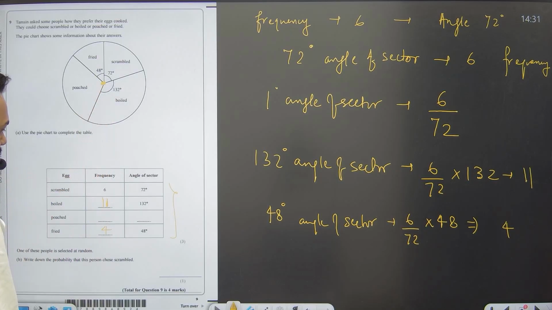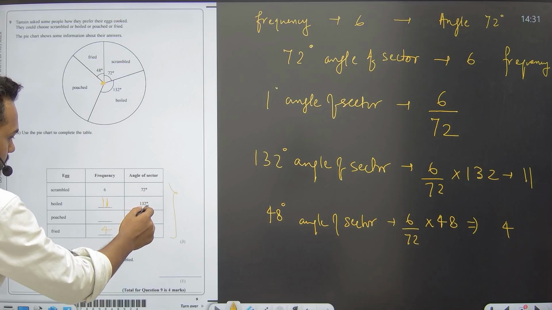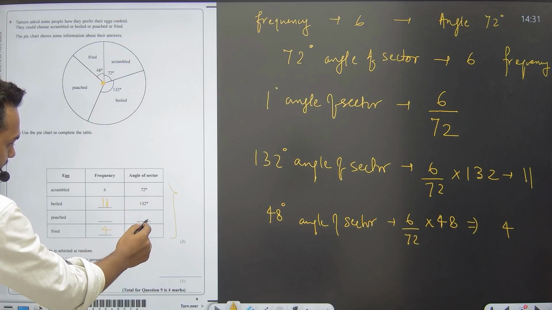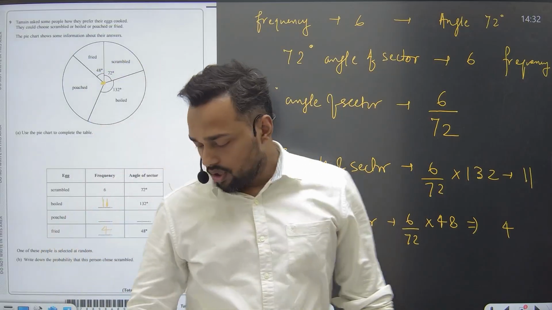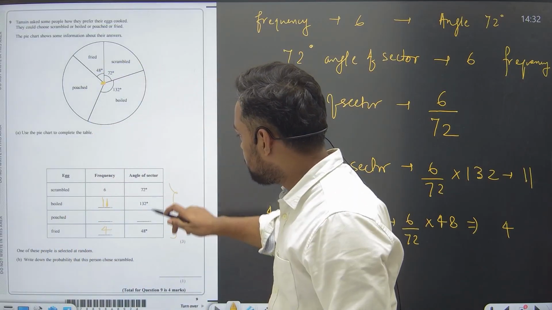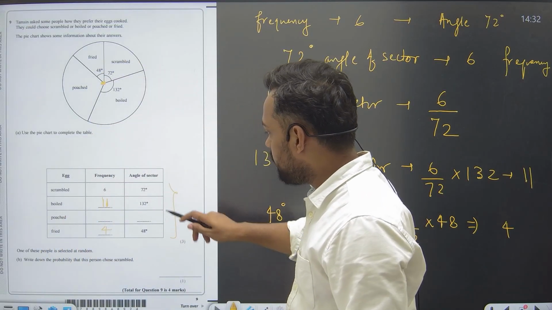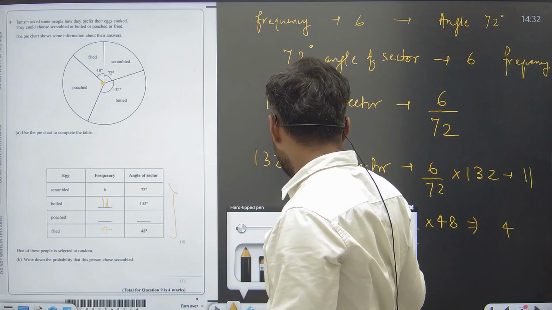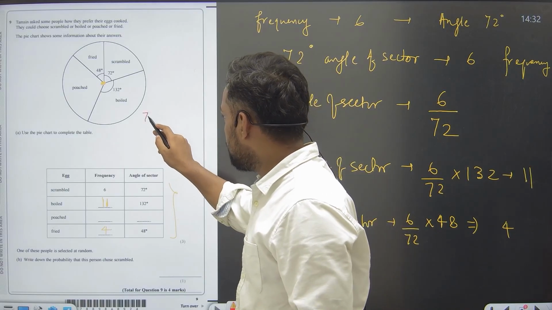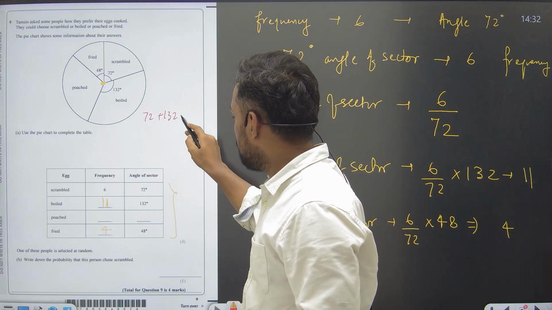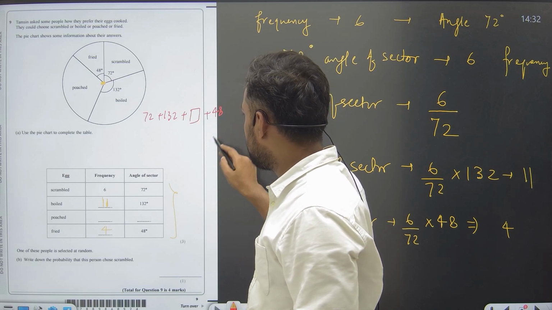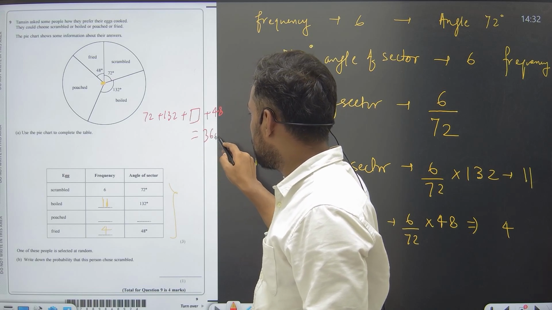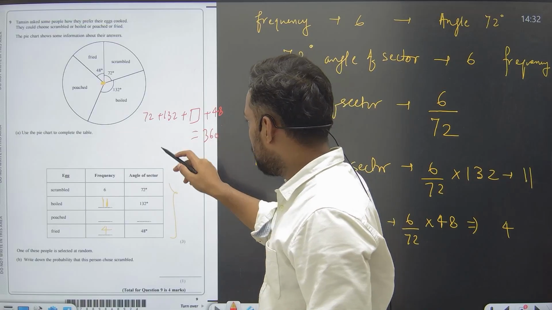That is 360 degrees. So 72 plus 132 plus the unknown plus 48 must be equal to 360 degrees. The sum of the sector angles must be equal to 360 degrees.